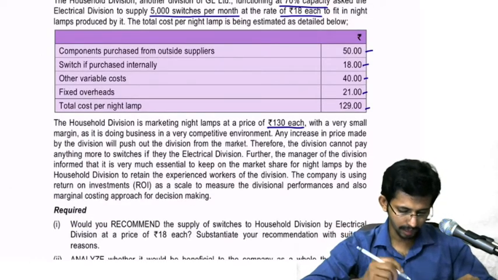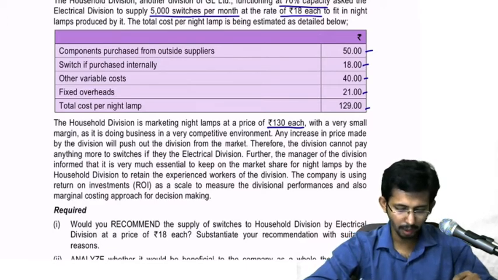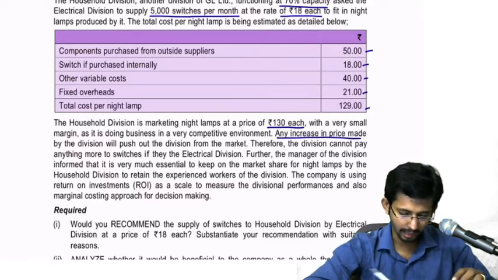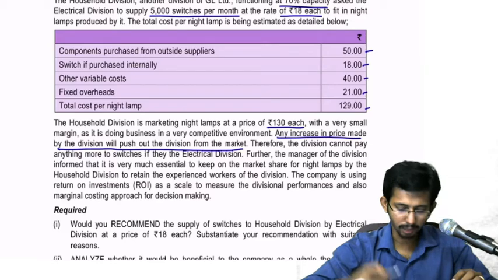With a very small margin, as it is doing business in a very competitive environment. Any increase in price made by the division will push out the division from the market. It's very important. They can't increase the price of the product.